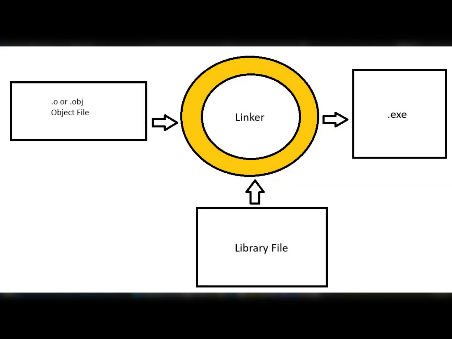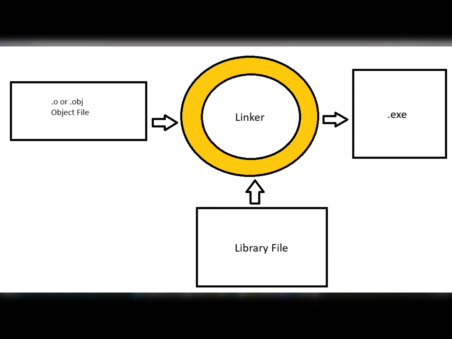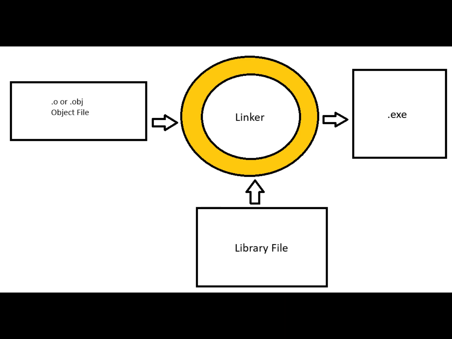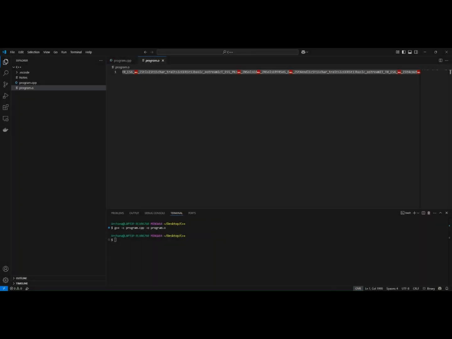Linking. Finally, the linker takes the object file and links it with necessary libraries like libc++ to produce the final executable. For example, g++ program.o -o program.